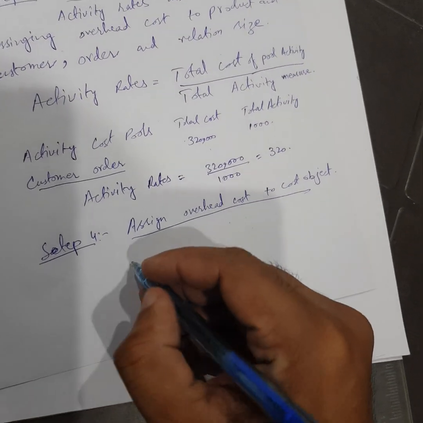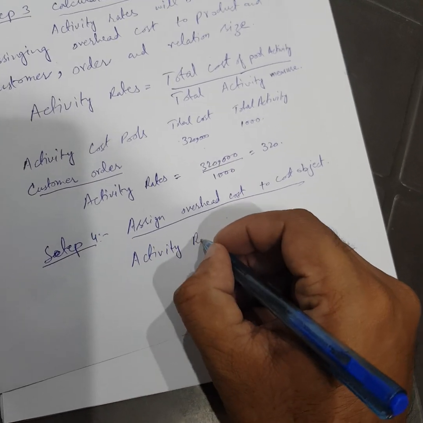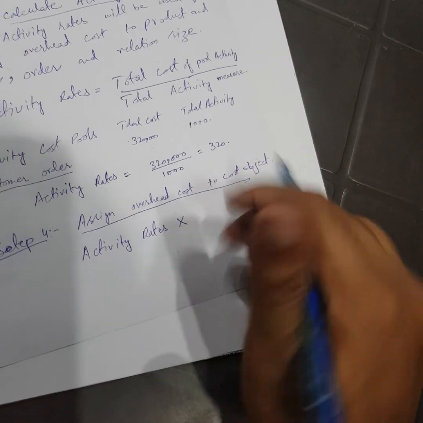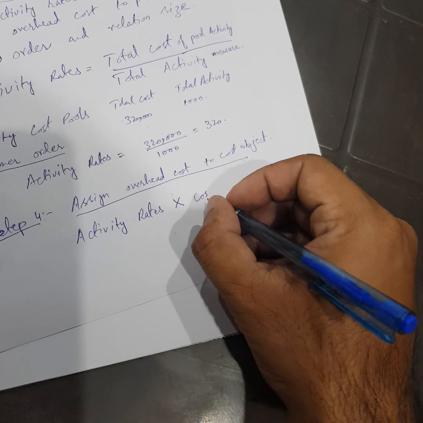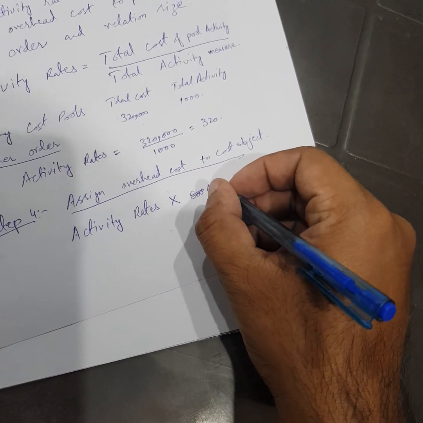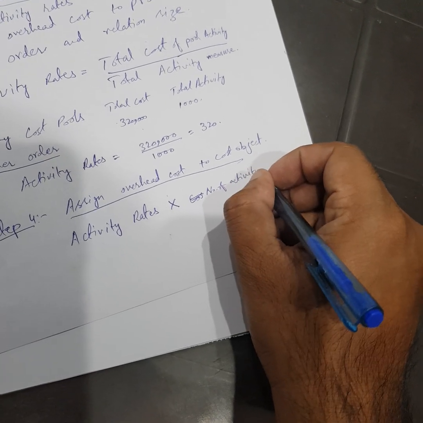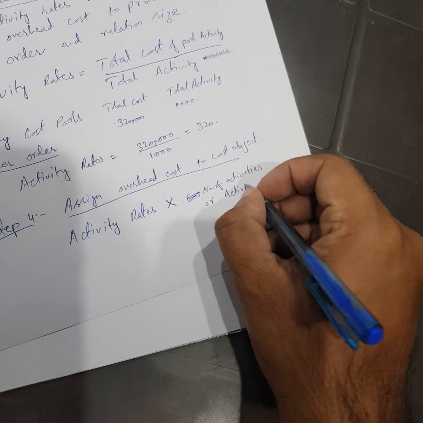We will multiply the activity rate with the number of activities or activity measure.